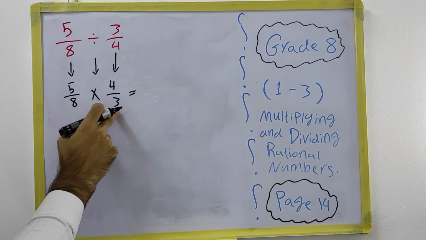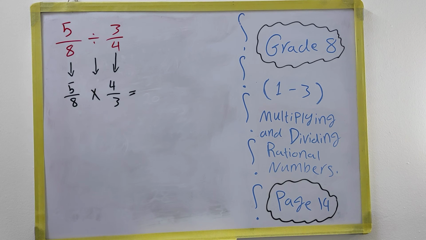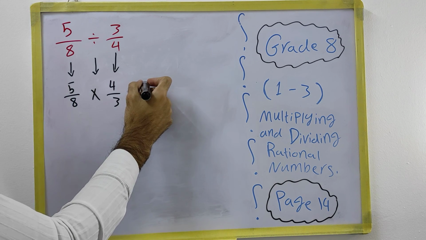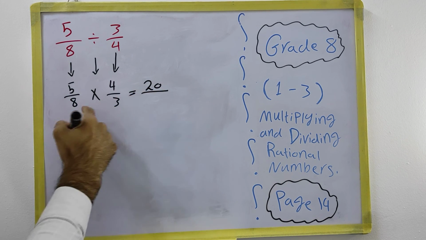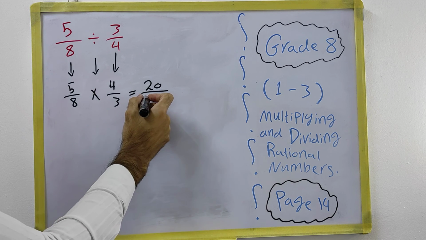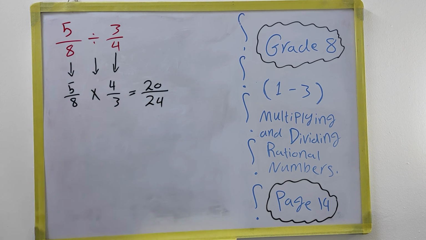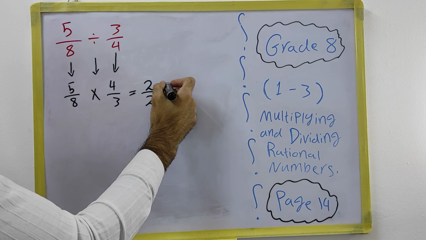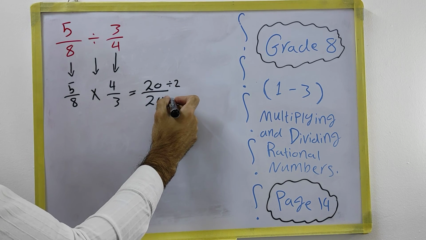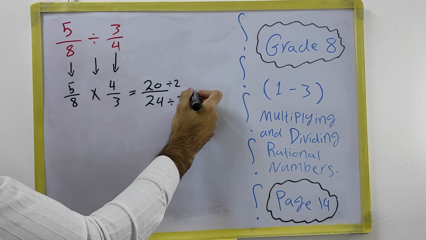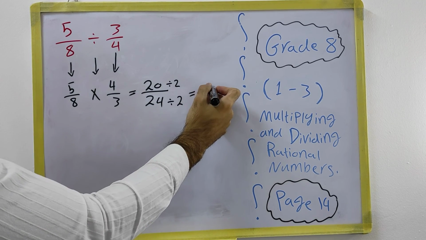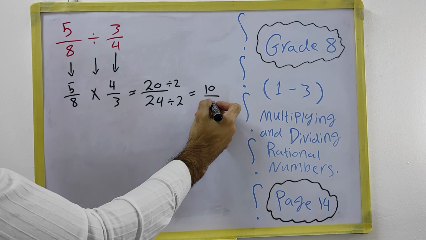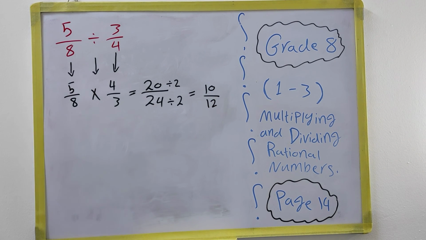Numerator multiply numerator, denominator multiply denominator. Then 5 multiply 4 over 8 multiply 3. In this case, we can simplify more. Divide by 2, divide by 2 equals 10 over 12.